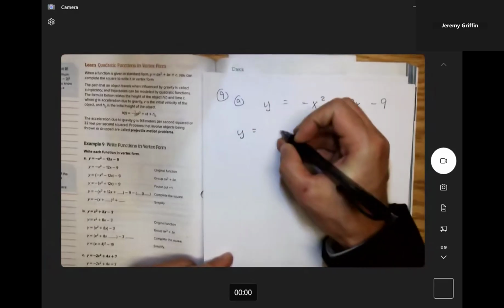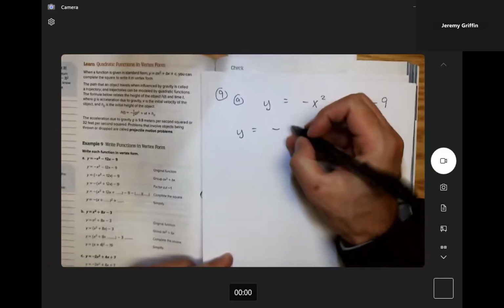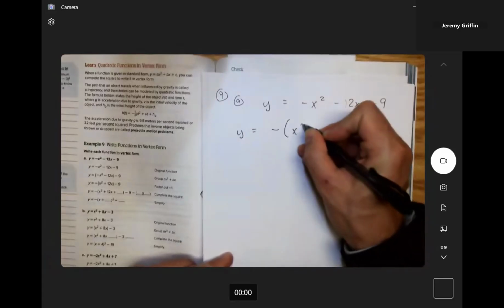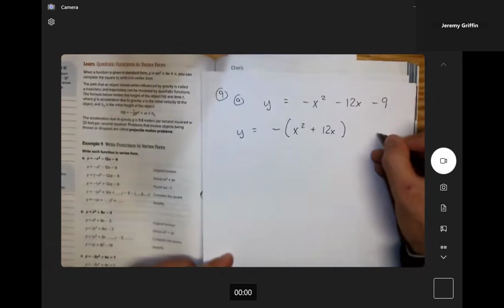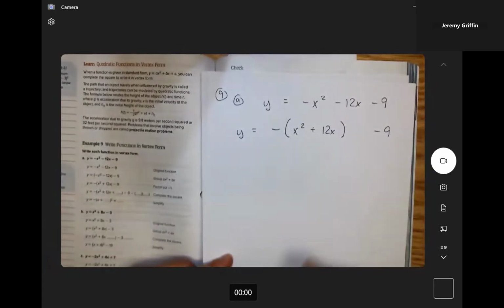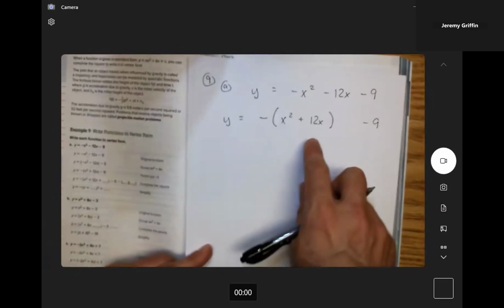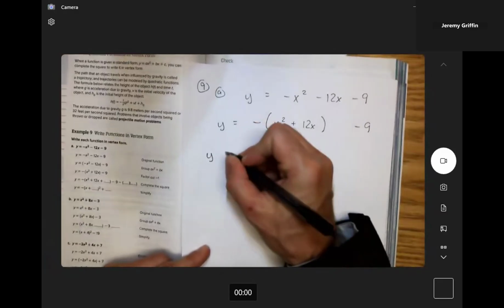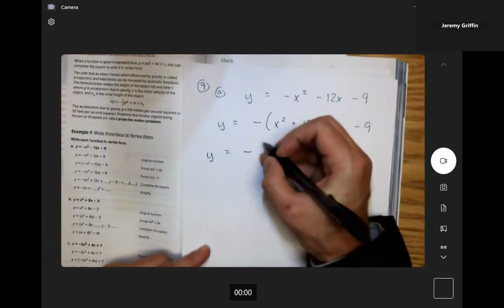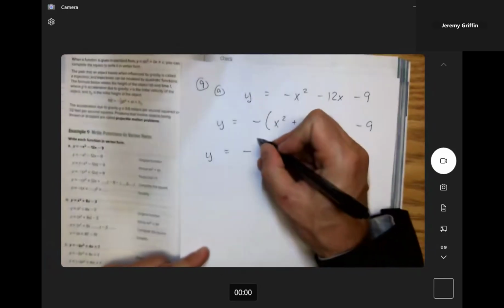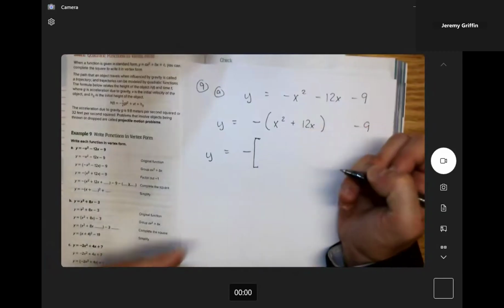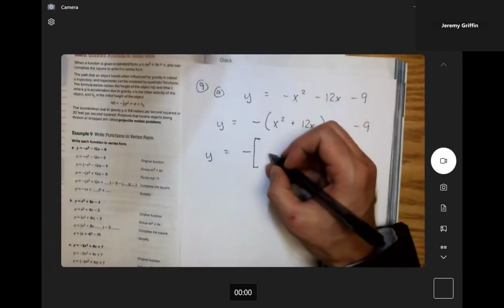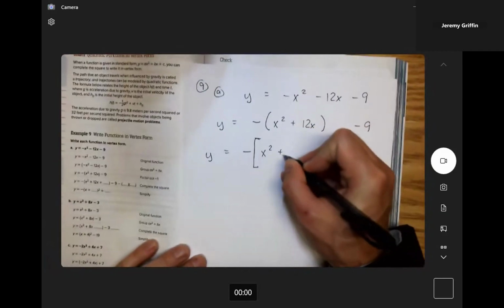So y equals, I could pull a negative out of all this. So that would be x squared plus 12x, and then I'll just tag on the minus 9 later on. Now, the next step I'm thinking is I'm going to change this to brackets to make it really stand out. No special reason otherwise. So x squared plus 12x.